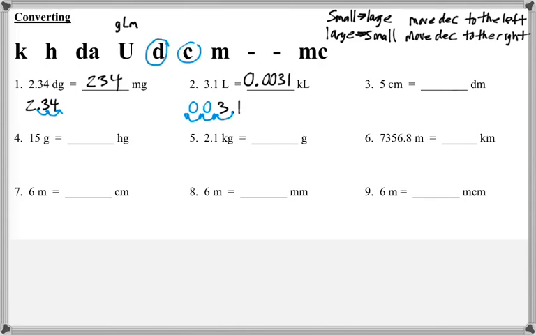So I need to move 1 place to the left. Now with 5, I do not see a decimal place, but it's always implied to be to the right of the ones place if you don't see it. So then I can just move it, and that will be 0.5.